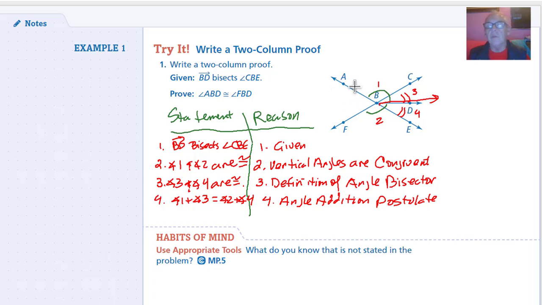Now angle 1 and angle 3 is the same thing as angle ABD. So I guess we need a step in here that says that angle 1 plus angle 3 is congruent to angle ABD, and also angle 2 plus angle 4 is congruent to angle FBD.